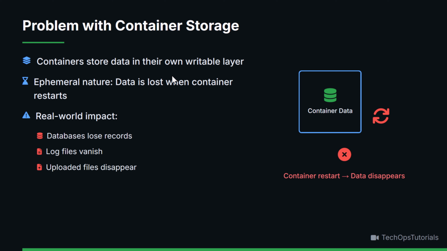A database container could lose all its records. Log files may vanish when the app restarts. Even user uploads can disappear instantly. So clearly, relying only on container storage is not reliable. We need a better way to handle data in Kubernetes. Let's move to the next slide.